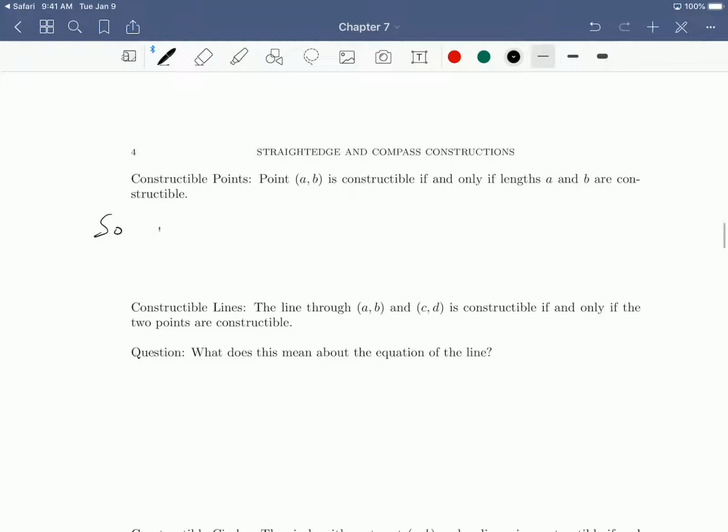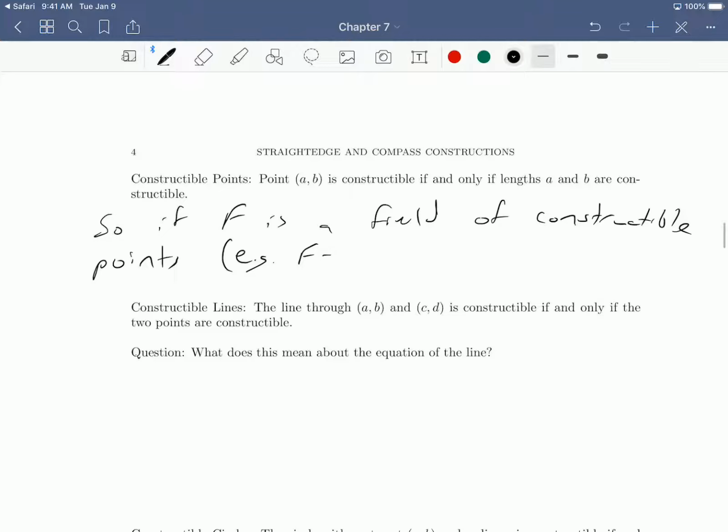Now, suppose F is some field of constructible numbers, and you should be thinking, for example, that maybe F is Q. Then a and b, the lengths, are in that field F. We want to know, is F bigger than Q?